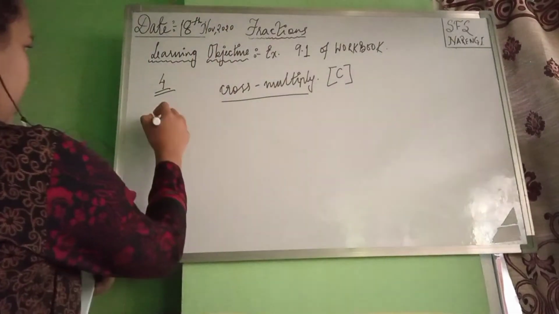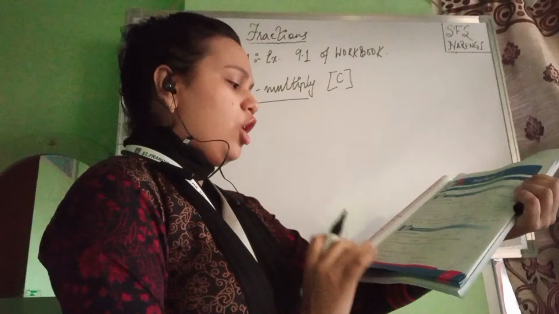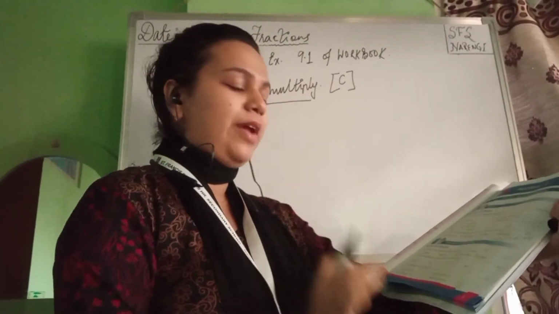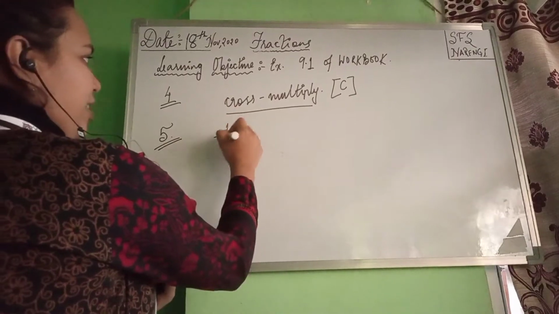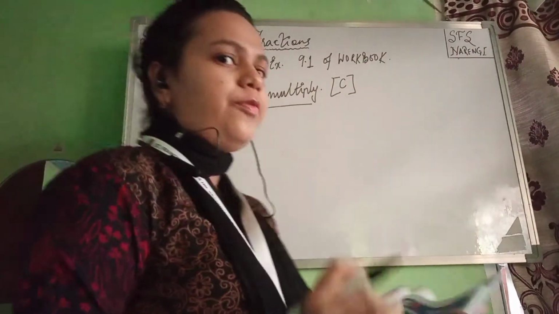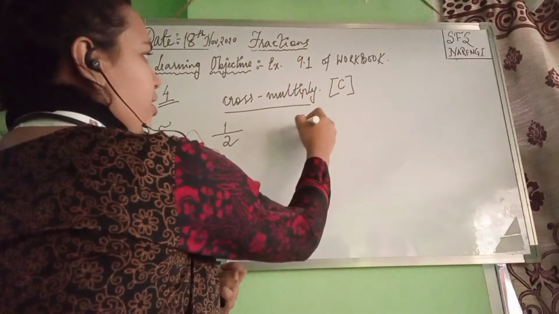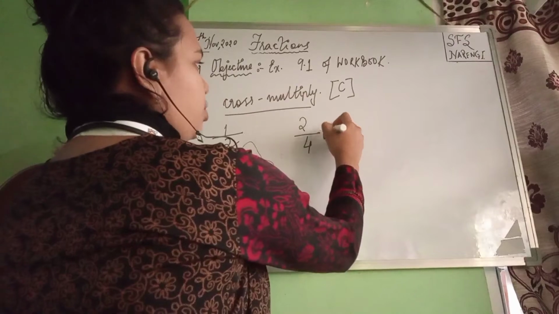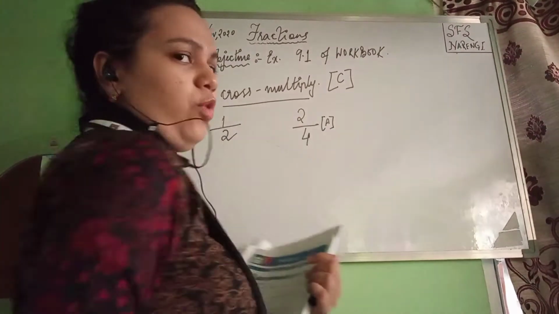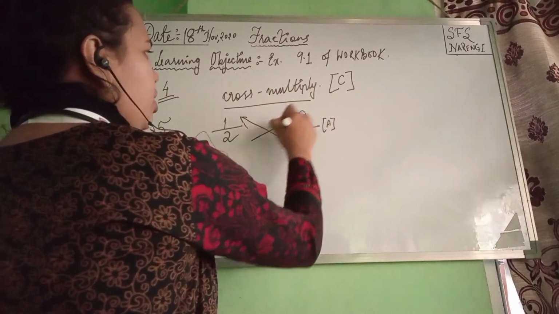Now question number 5. Which of the following is an equivalent fraction of half? We have a given fraction half, and we have to find which is an equivalent fraction of half. Let us take the first option A, we have 2 by 4. If we cross multiply them, what will we get?